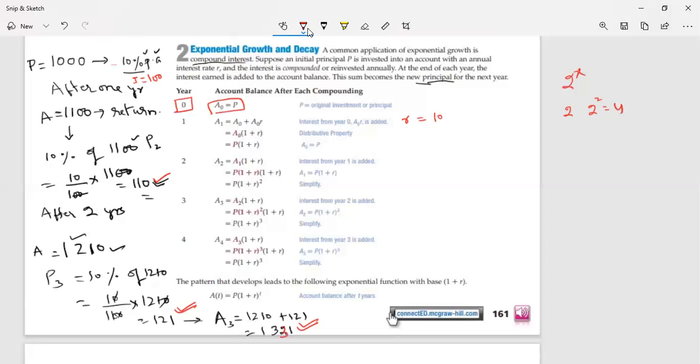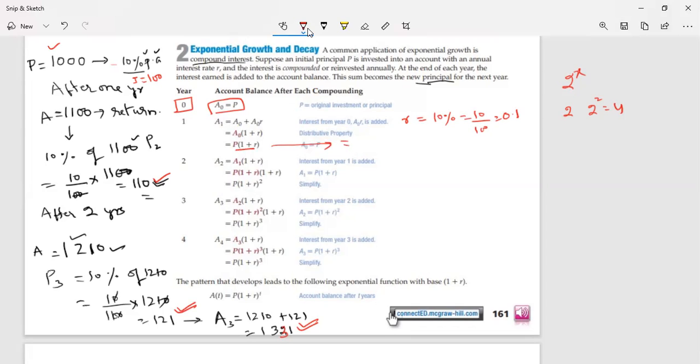R is 10%, so when it is percent, 10 upon 100, we have to write 0.1. So here A0 is P, so this is P into 1 plus R. We can find out P into 1 plus R.